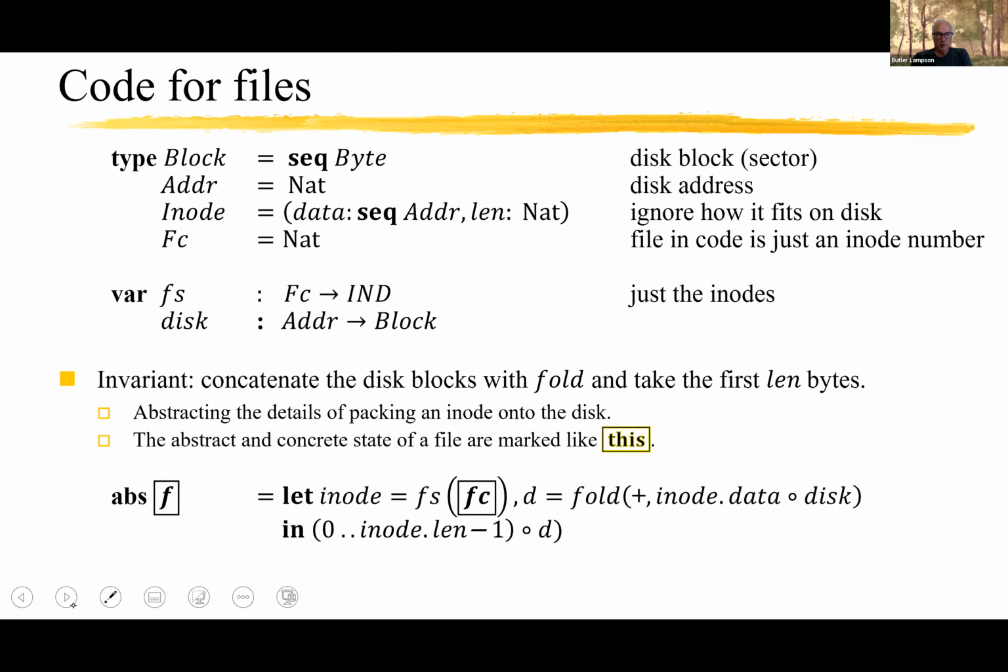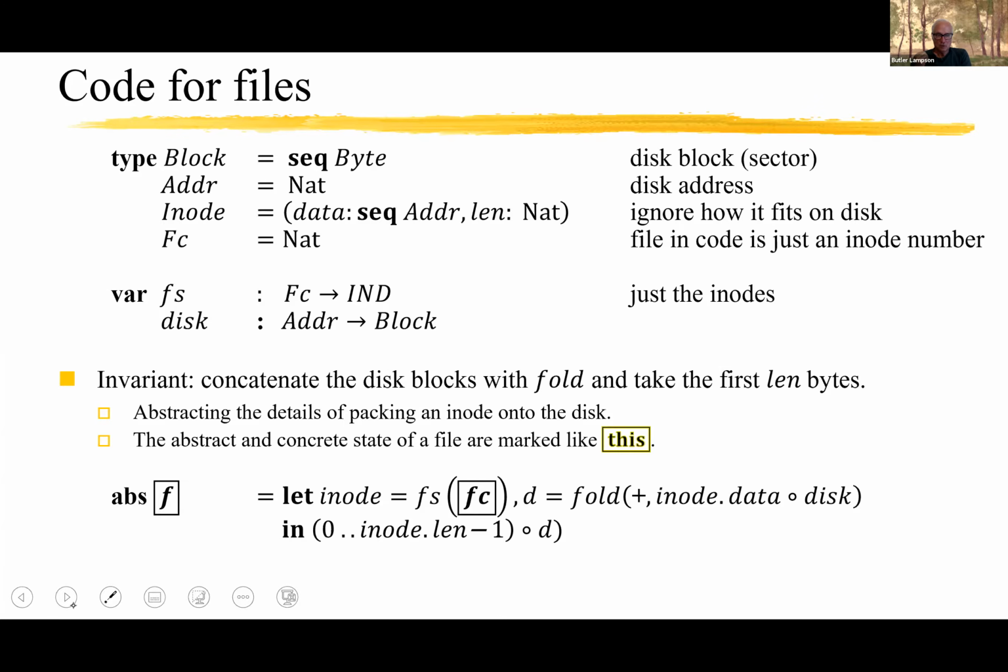So there's two variables in this code. There's the so-called file system, which for each inode number tells you the corresponding inode. I decided to change the name from IND to inode. Sorry about that. And then the disk tells you for each address what the contents of that part of the disk is.